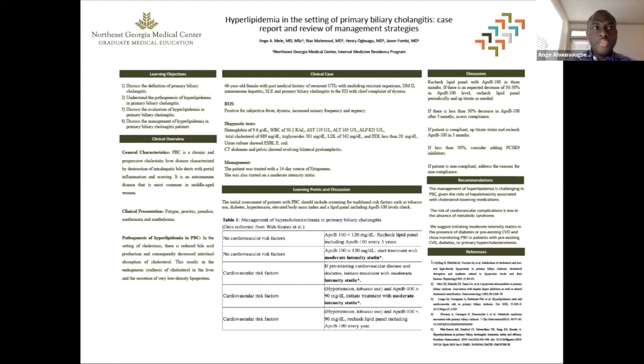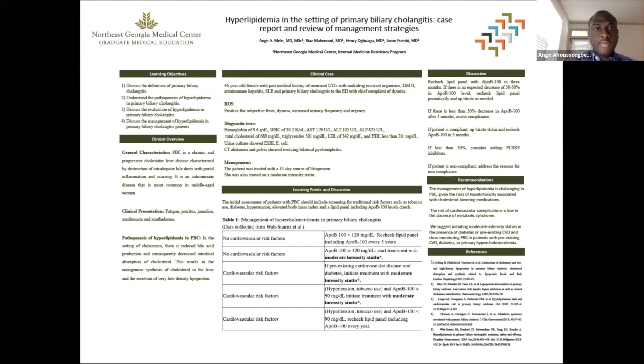So for all of these patients, whenever we start them on statin therapy, it is recommended to recheck the level of ApoB100 in 3 months to ensure that there has been a 30 to 50% decrease in ApoB100. And we check the lipid panel.